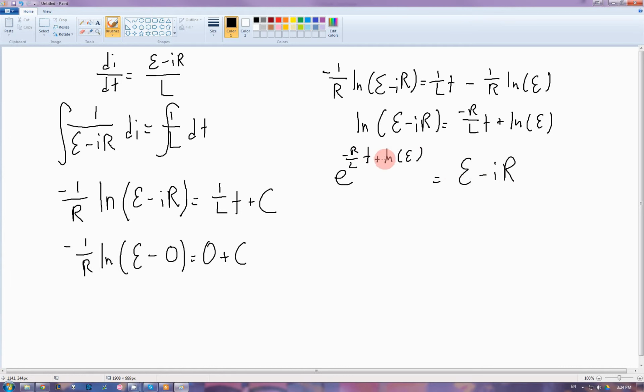Using exponent properties, we can split this up. This is the same thing as e to the negative R over L t multiplied by e to the ln E, which is the EMF. And we know e to the ln of something is just that something. So this is the same thing as the EMF times e to the negative R over L t.